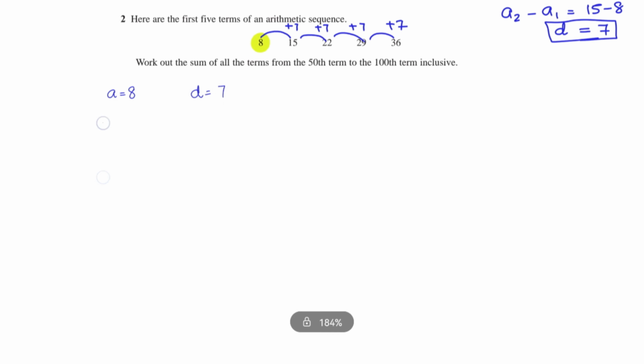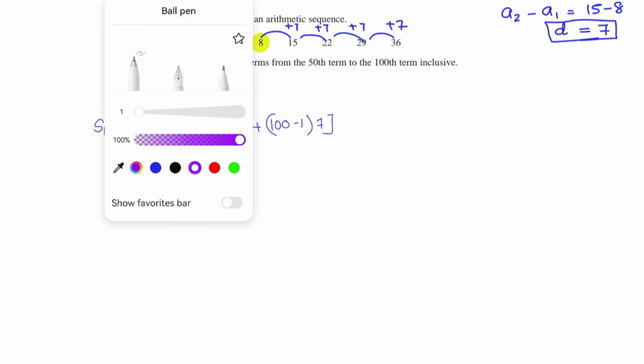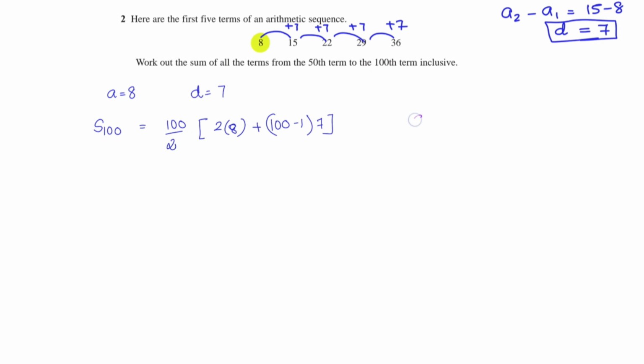Now first of all I'm going to calculate S100, the sum of first 100 terms. So let's substitute the values into the formula. The Sn formula is n upon 2 into 2a plus (n minus 1) into d.